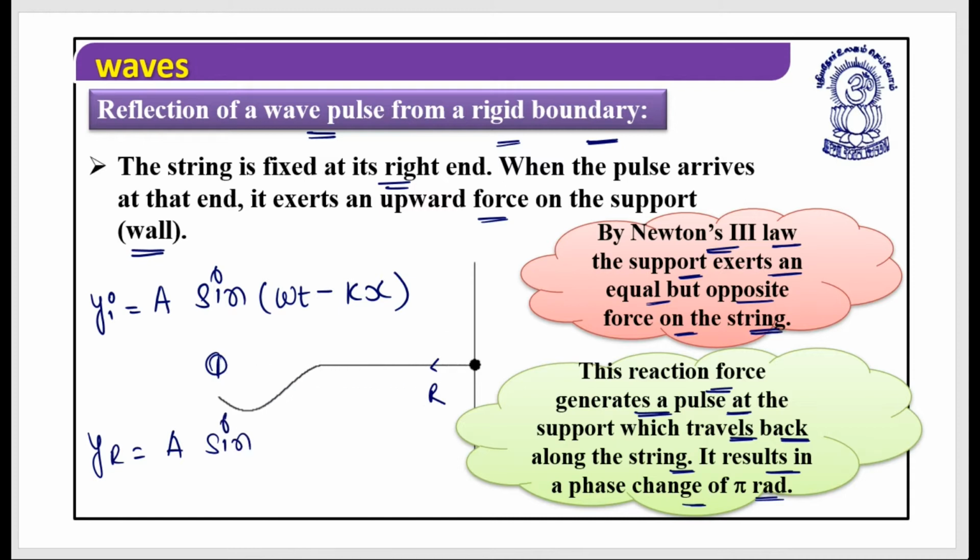As it is moving in the negative x direction, this is omega t plus kx, and there is a phase difference of pi: omega t plus kx plus pi. So this is the reflected wave having the phase difference of pi. I hope this is clear.